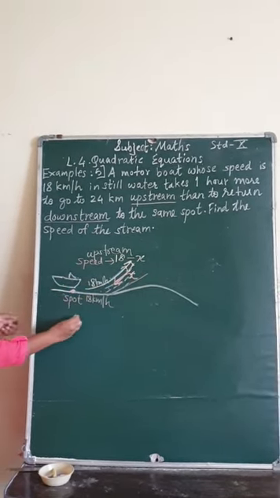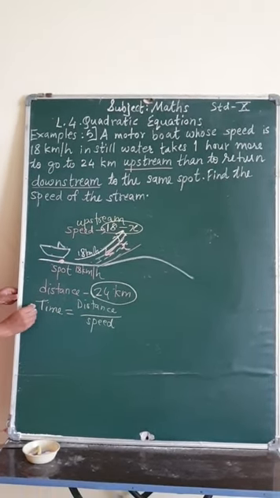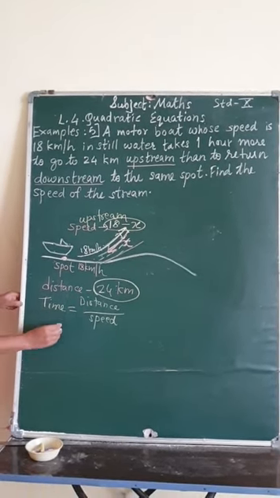Time is always equal to distance upon speed. We write this as time 1, because it is different from the boat coming downstream. It takes more time because the speed is less.